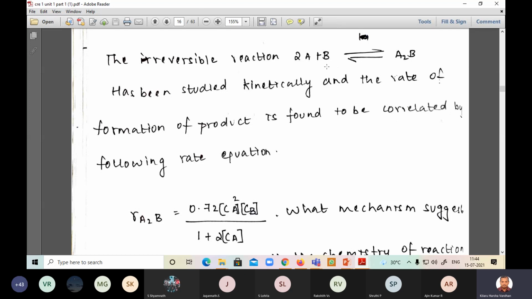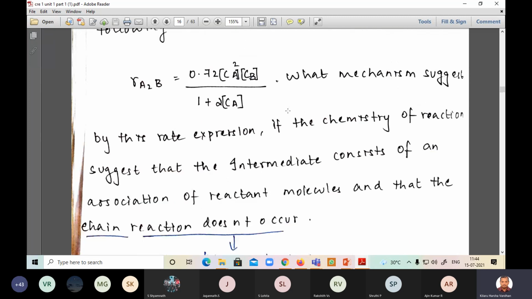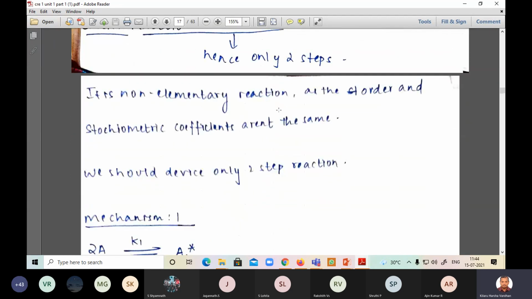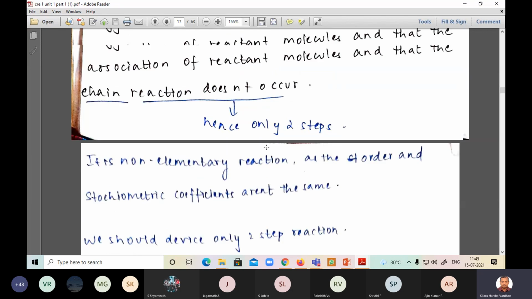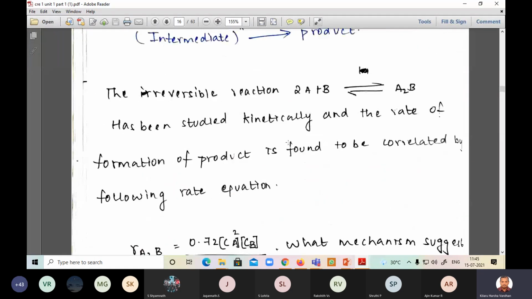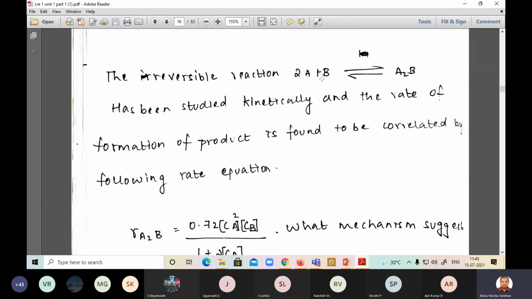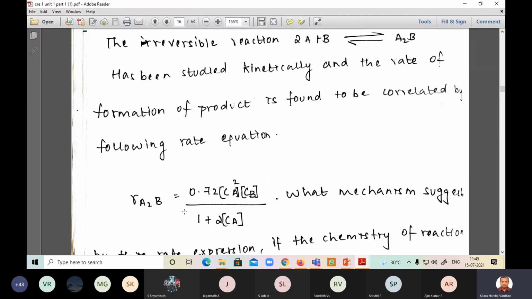So we'll see that now this is the reaction which we have to do. We assume this is a non-chain mechanism. So the reactant is forming some intermediate. The intermediate is again reacting to give you the product, right? So let us see that. It is a non-elementary reaction as the order and the stoichiometric coefficients are different, because if it were elementary, with 2 and 1, the order should be 3.